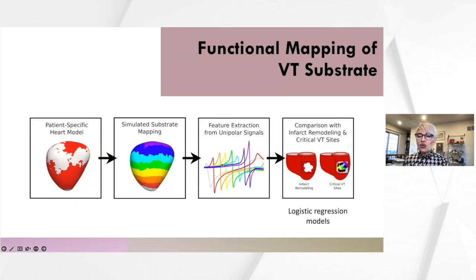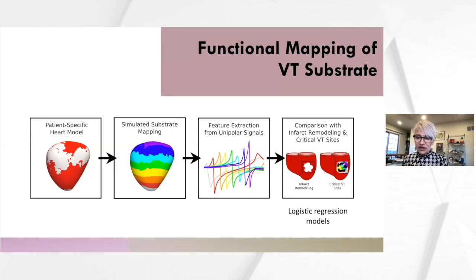When this was done, we compared the different electroanatomical mapping feature maps with the location of the infarct as it is on clinical imaging, as well as the location of the critical VT circuit sites, as calculated from the model. This is a separate calculation where we calculated the VT and defined its morphology using these isochrones.